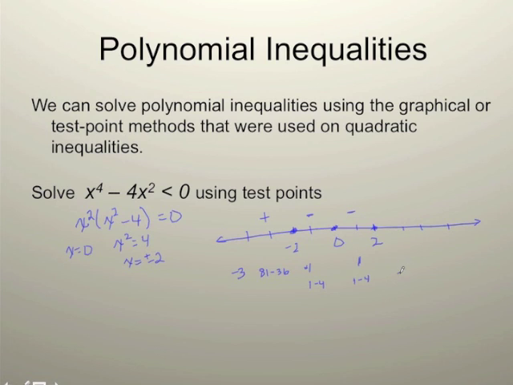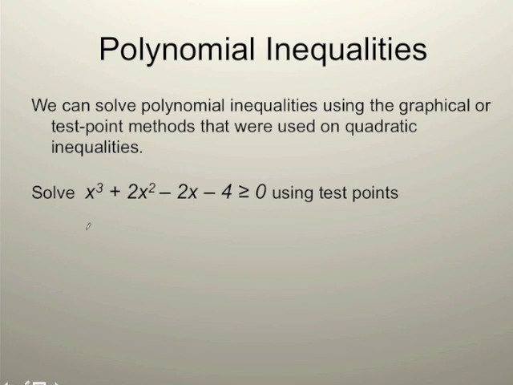And testing the point 3, I have 81 minus 36 again, so that would be positive. And I want this to be less than 0, so my points will be the ones where it's negative, less than 0. So negative 2 to 2, and it's just less than, so those will be parentheses. That would be my answer.